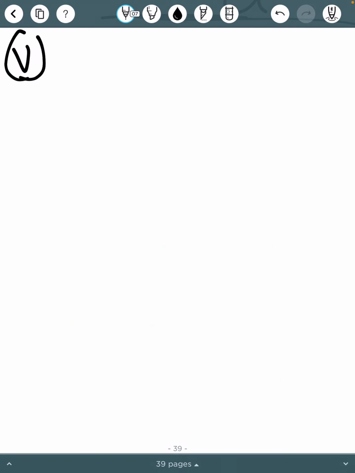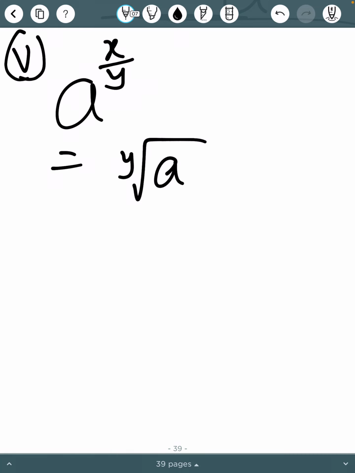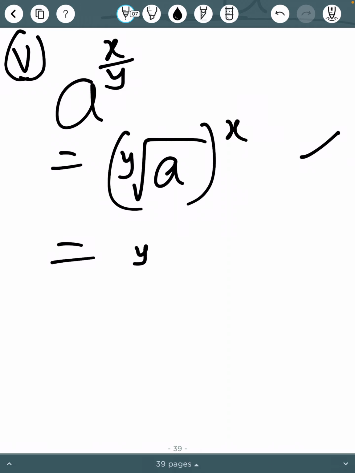Then number 5, fifth law of indices states that a raised to power x over y is equal to, let me write vertically, y root of a raised to power x. We can simplify this like this, or y root of a, raised to power x.